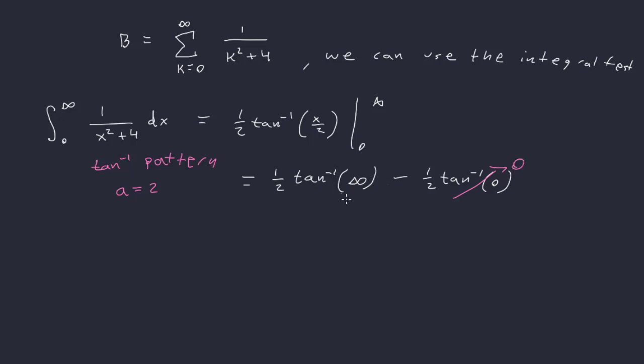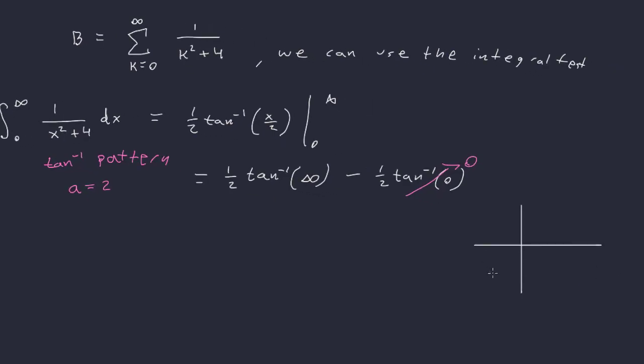Now, tan inverse of infinity, well, tan inverse looks like this. It has 2 horizontal asymptotes, at pi over 2 and negative pi over 2.